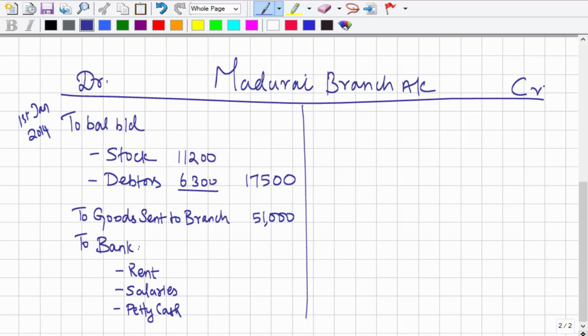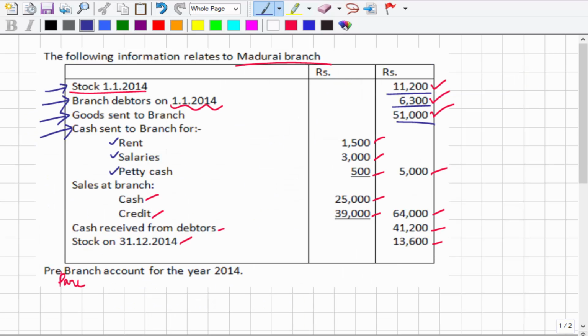The amounts are 1,500, 3,000 and 500. So all three put together total works out to 5,000. So these are all the cash sent by HO to branch. Okay. Then what else we have? So we have completed that.